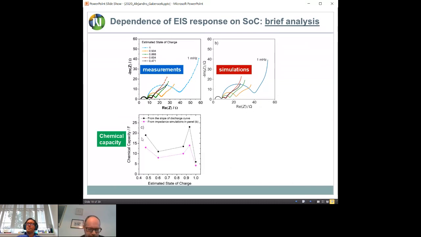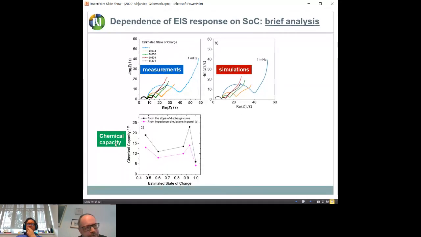And which are those? One is chemical capacity. This is the capacity of storage in NMC, one of the elements that we have in our cathode. Chemical capacity can also be calculated from the slope of the curve. The inverse slope of the charge-discharge curve is the chemical capacity. So you have the curve, you have its slope, and the inverse slope at each point is different.